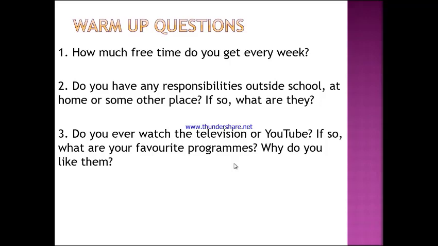So I can give you an example. For me, every week my free time is on Sunday only, because from Monday to Saturday I work. And number 2, I have responsibilities outside school, like at home I need to take care of my family.